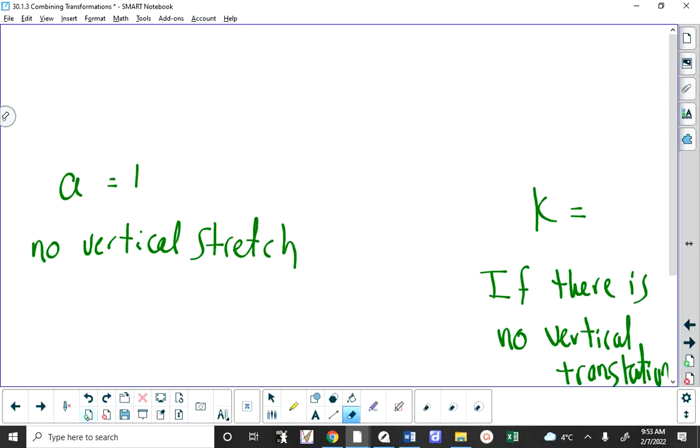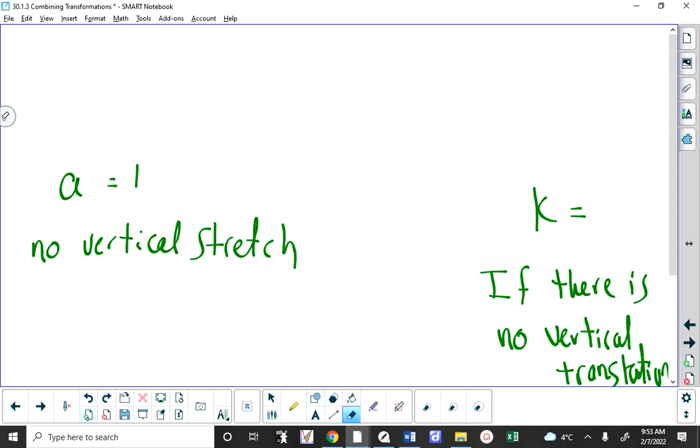Do you know now? But there's an actual number we can put in, for any graph. So everybody, what I'm saying is, if it doesn't shift vertically, what is K?